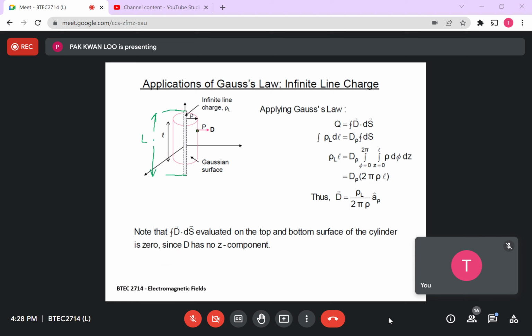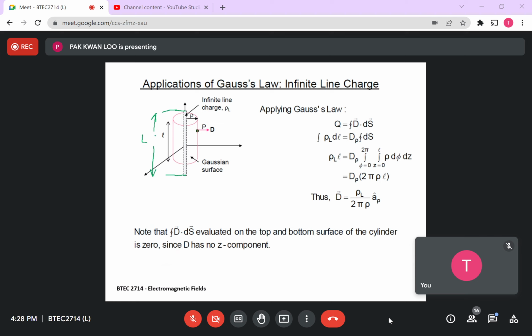Because imagine that you have one closed Gaussian surface, where for this cylindrical Gaussian surface the top part is open, it's not closed, and the same goes for the bottom.